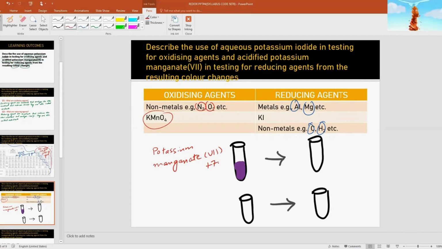During its reaction, it will oxidize the reducing agent, and as a result, the color changes from purple or pink to colorless. After oxidizing the other reactant, we'll get a colorless solution.